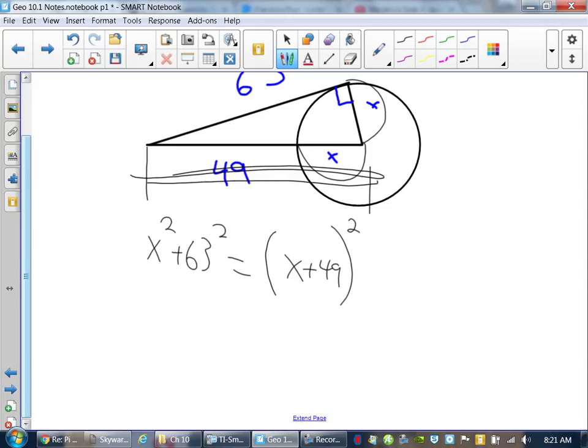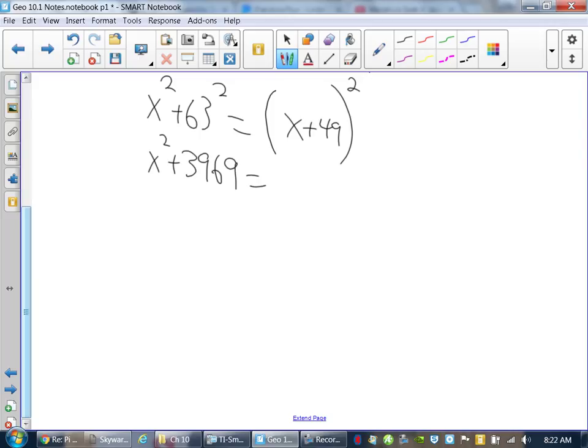So what you would do, you have x squared plus, I don't know what 63 squared is, but I know it ends in a 9. 3969. And then I FOIL out the next one. Now, there's a shortcut that you can do when you have junk squared.